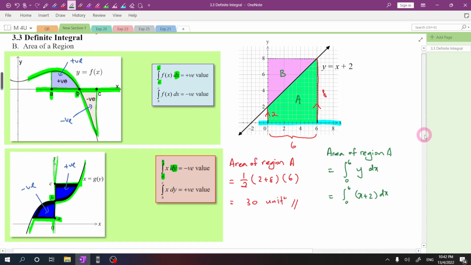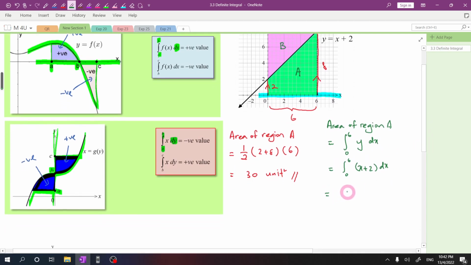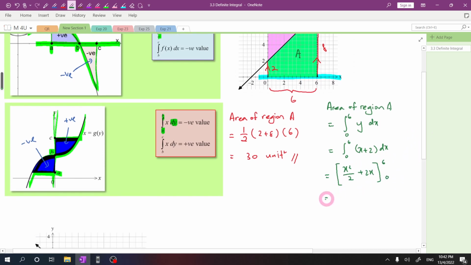Now we just do the simple integration, then find the value of this definite integral. x squared over 2 plus 2x. First, we substitute the upper boundary inside this function: 6 squared divided by 2 plus 2 times 6.